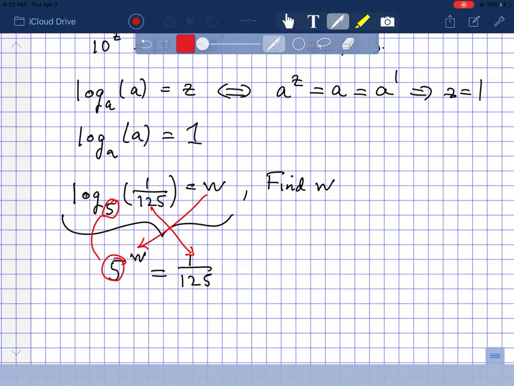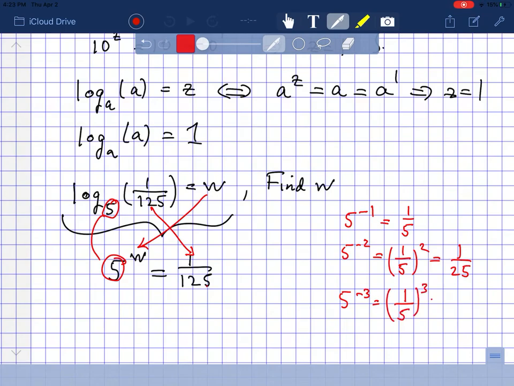So now what do I have? I want to find w. So I want to express 1 over 125 as 5 being raised to some power. Well, what do we know? We know 5 to the minus 1 is equal to 1 over 5. 5 to the minus 2 is equal to 1 over 5 squared, and that's equal to 1 over 25.